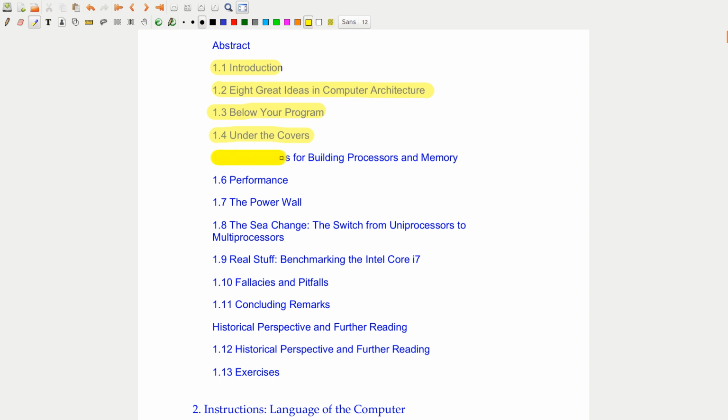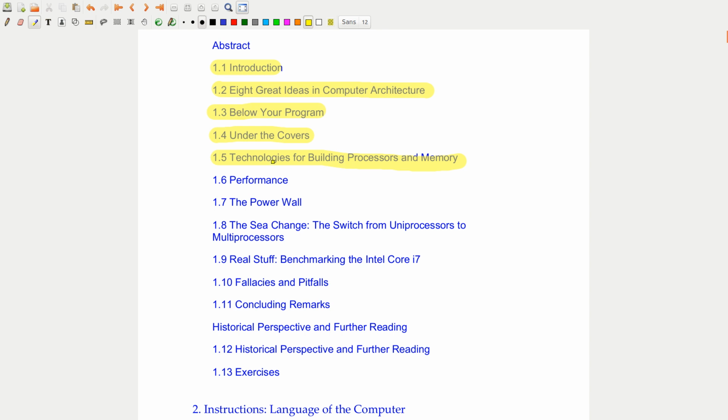In 1.5, we learned that there are many different ways to design processors and memory. We learned about how there are different technologies, such as the sizing, so 32 nanometer technology versus 16 nanometer technology versus 14 nanometer technology. Then we also learned that there are different types of memory.